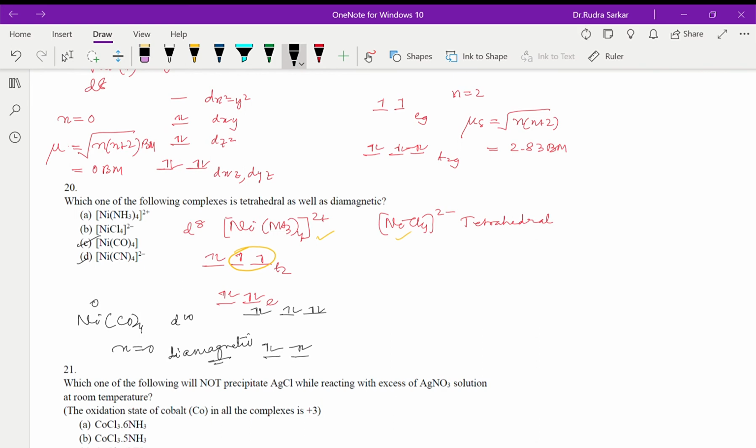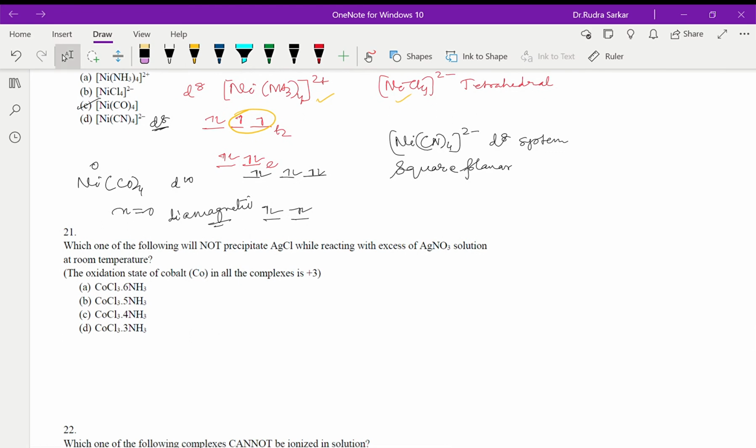What about Ni(CN)4 2 minus? This again is a D8 system, but now this is square planar. So obviously our answer here is going to be option C, which is Ni(CO)4.